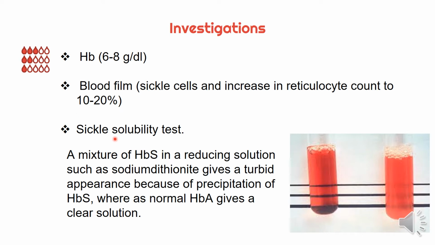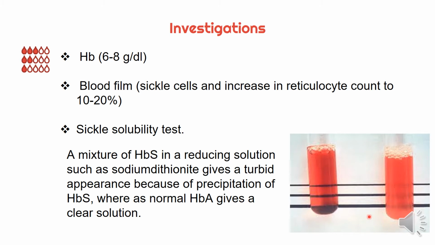Also, we do a sickle solubility test. This test is based on the relative insolubility of HbS compared to HbA. So we put a mixture of HbS in a reducing solution, such as sodium dithionite, and this will give us a turbid appearance because of the precipitation of HbS, whereas normal HbA will give a clear solution.